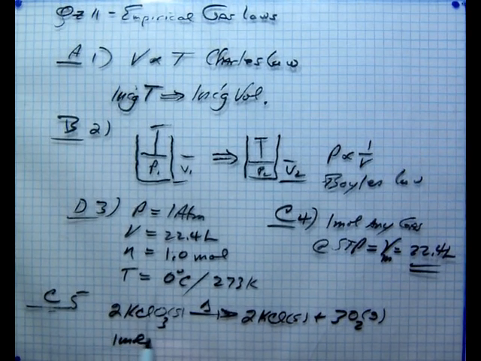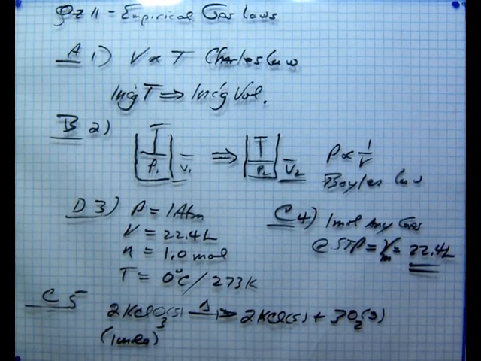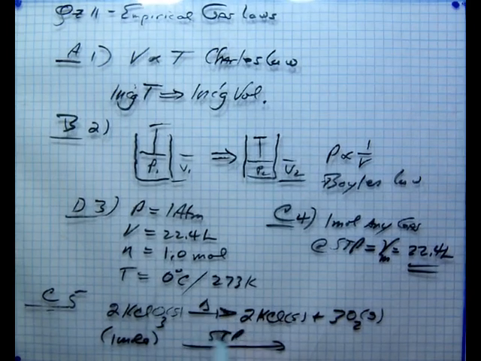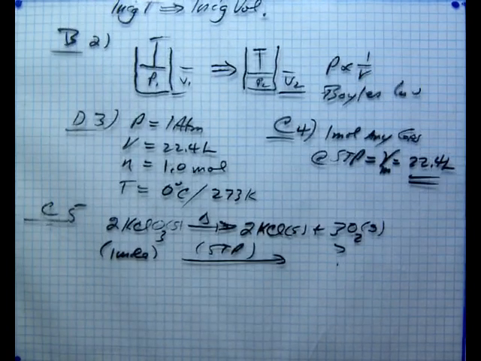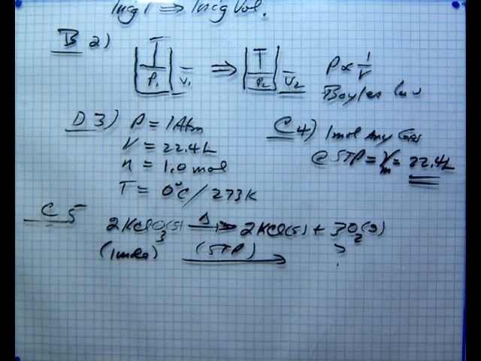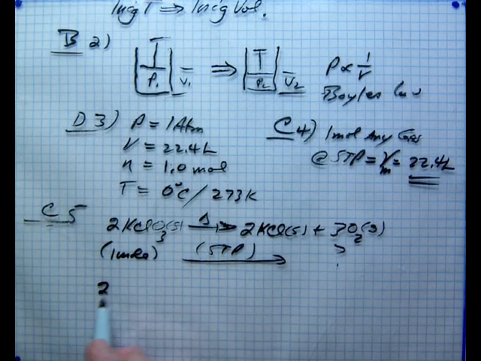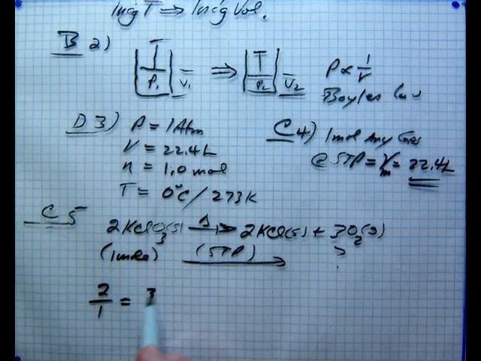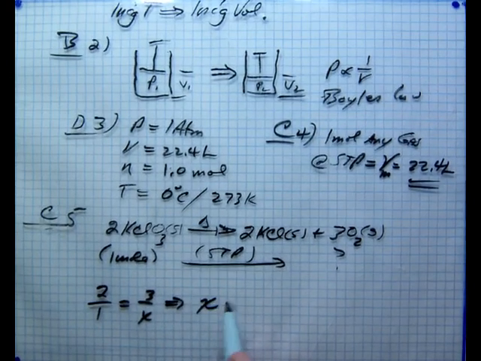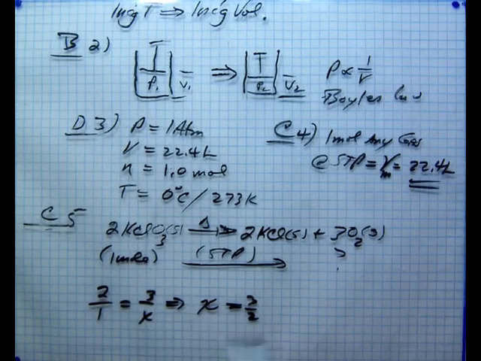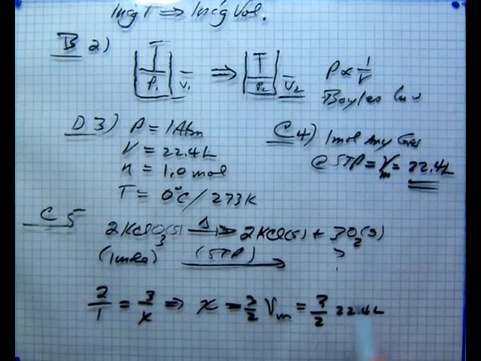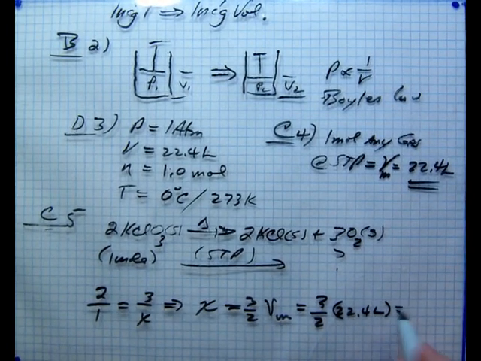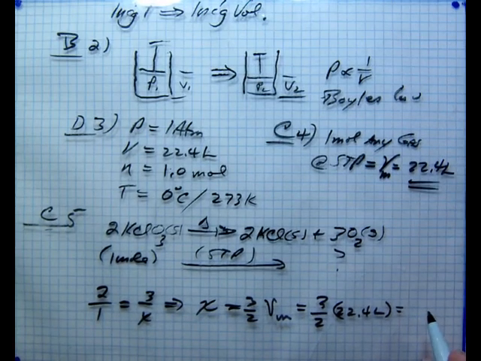Given 1 mole of KClO3 at STP conditions, how much O2 would you obtain? Well, you can approach this problem a couple of ways. 2 is to 1 as 3 is to x, solve for x, and it's 3 halves of the Vm, molar volume, and that would be 3 halves of 22.4 liters, and 33.6.